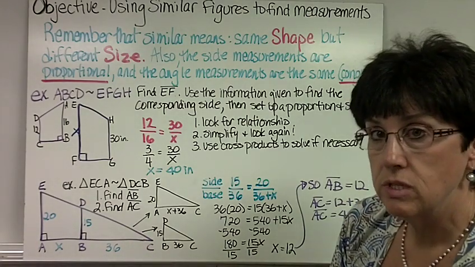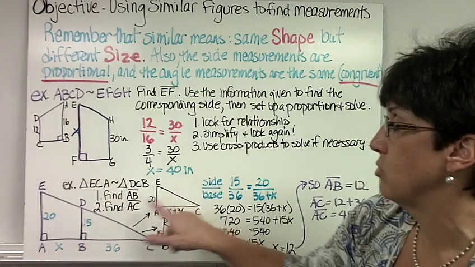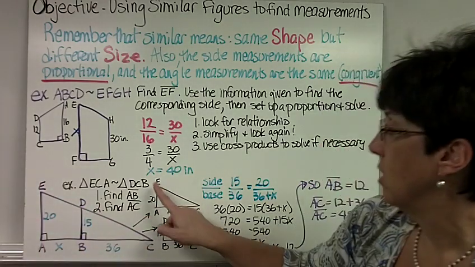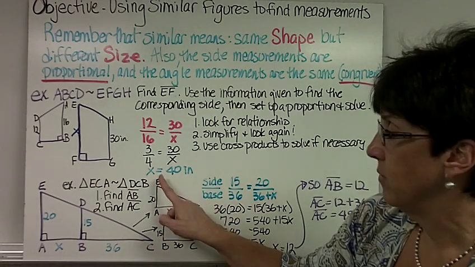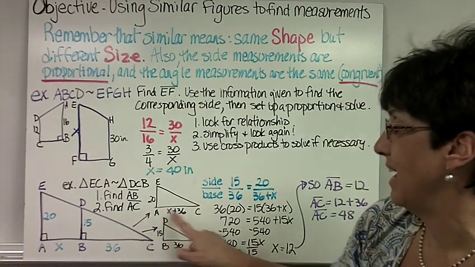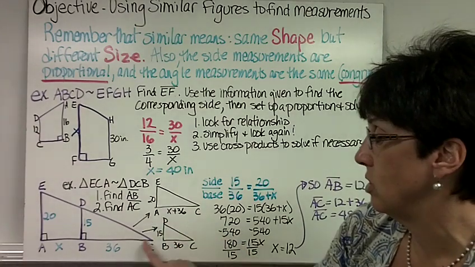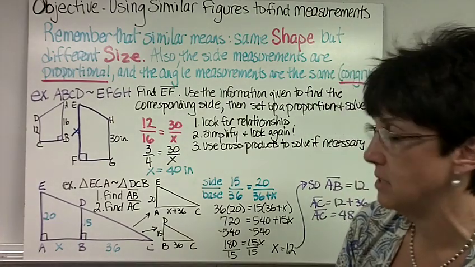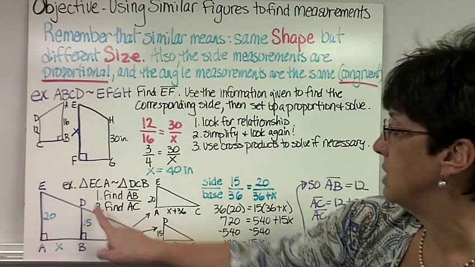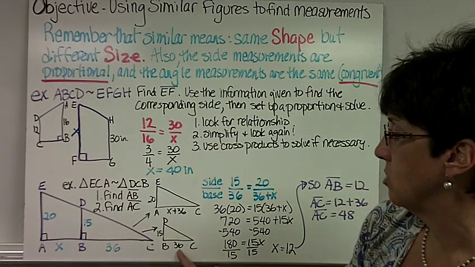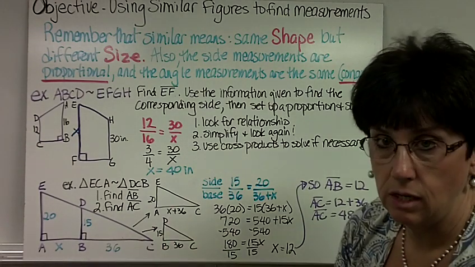The first thing I do is rewrite this as two separate triangles. I'm going to rewrite it so I have ECA. I know this side is 20. I know this is 36 plus X. Do you see why? This is 36 and this is X, so the whole distance is 36 plus X. Now triangle DCB, I know this base is 36 and this side is 15.